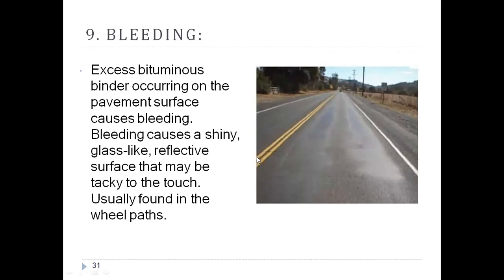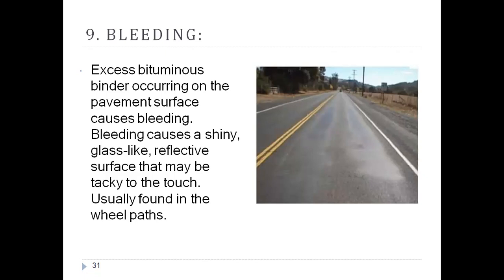These roads can reflect the rays which are directly transmitted to the pavement. So the excess bitumen binder occurring on the pavement surface causes bleeding.